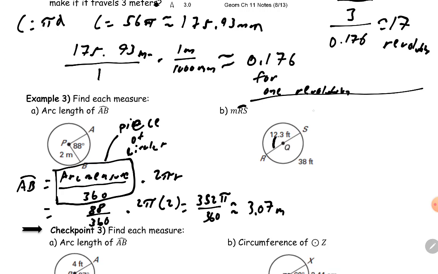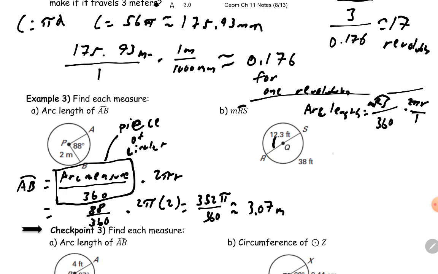So, we're still going to use the same formula. Arc length is equal to the arc measure. So let's just say the measure of RS over 360 times 2 times pi times r over 1.